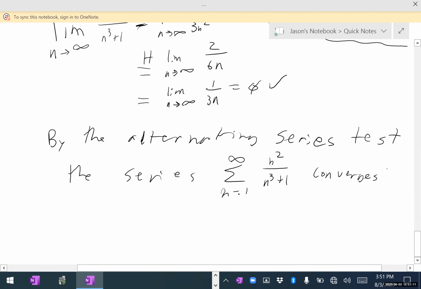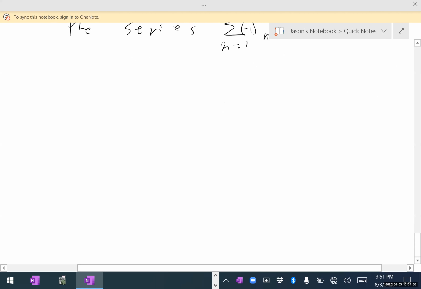So all that work just to get to the fact that this converges. Good. Now, would it converge if it wasn't alternating? Probably not, because it's equivalent to the harmonic series, really. Very close. They're probably like siblings.